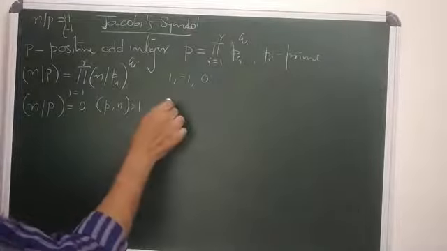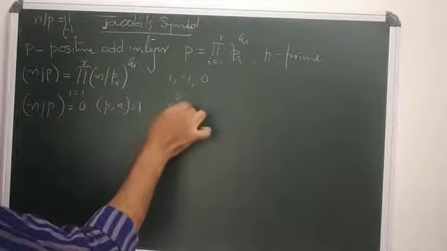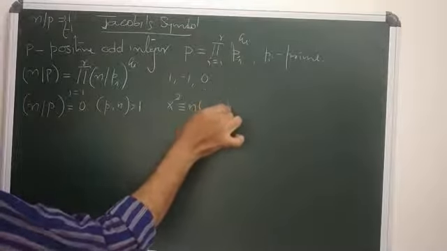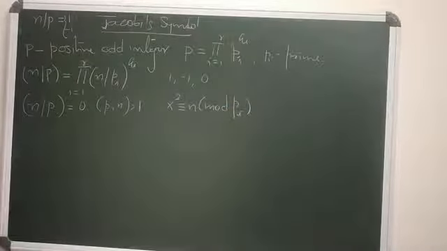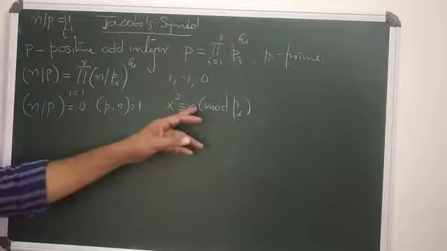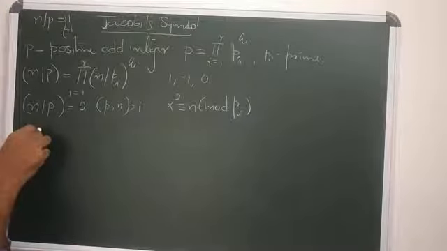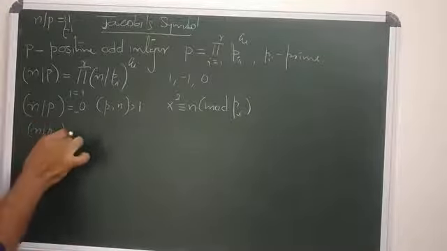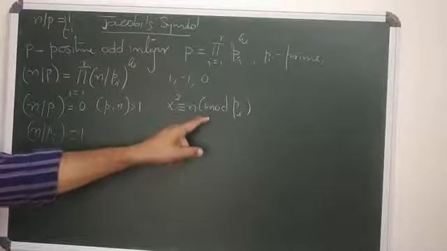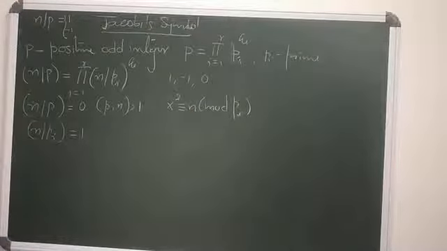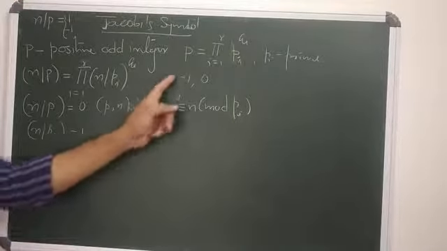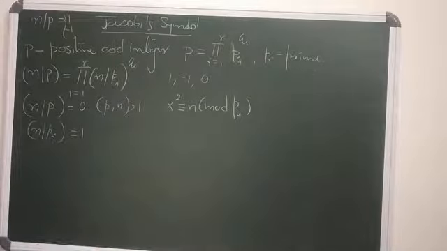Now, consider the quadratic congruence x squared congruent to n mod p_i, where p_i is an odd prime. If the quadratic congruence x squared congruent to n mod p_i has a solution, that is, n is a quadratic residue mod p_i, then we know that (n/p_i) equals 1. Why? Because n is a quadratic residue mod p_i means (n/p_i) is 1 by the Legendre symbol.